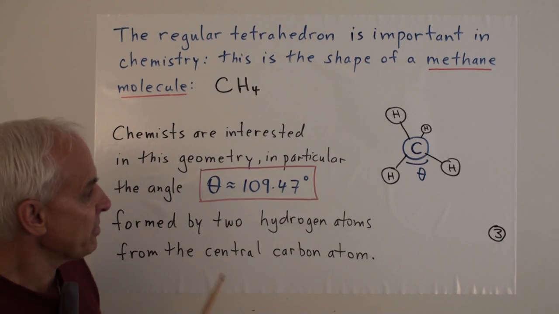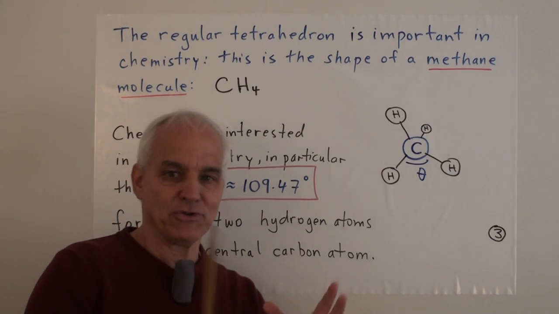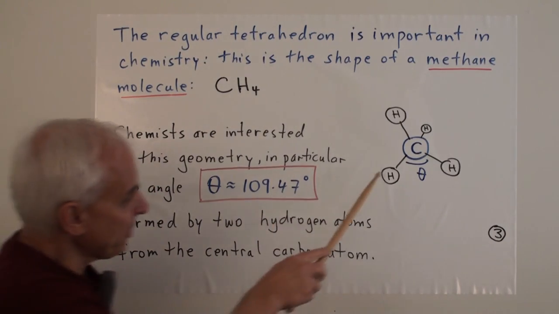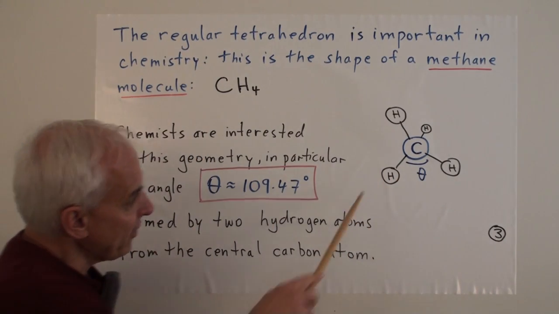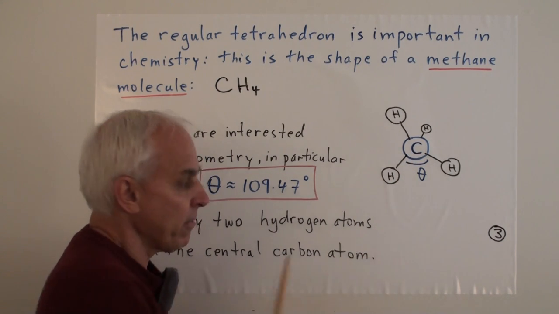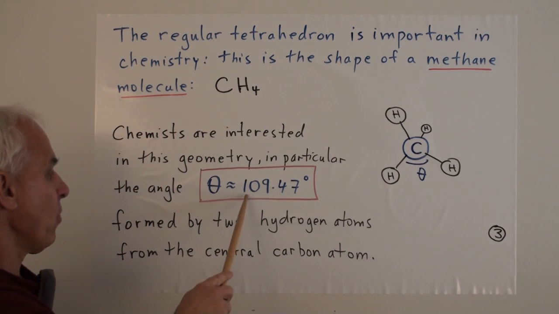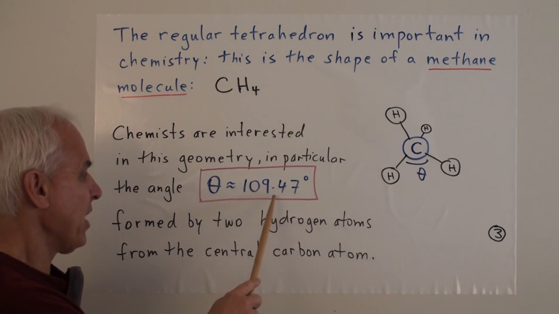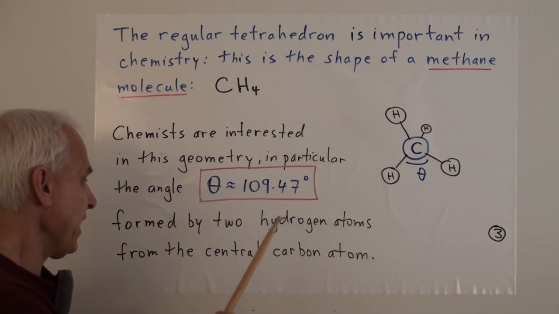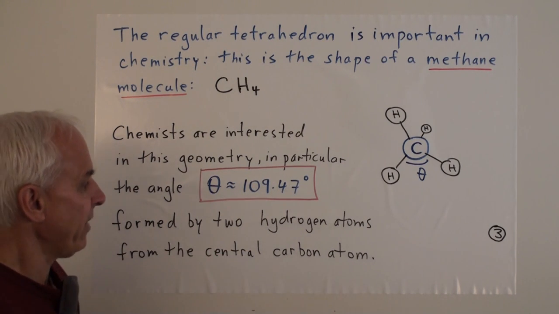The chemists are particularly interested in the geometry of this kind of thing because in chemistry, the geometry of molecules has something to do with chemical properties. In particular, they're interested in this angle formed here by this bond with the C atom, one arm to an H, another arm to another H. This forms an angle, well-known to chemists, 109.47 degrees approximately. This is the angle formed by 2 hydrogen atoms from the central carbon atom.